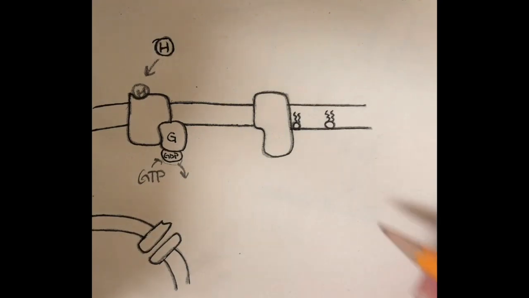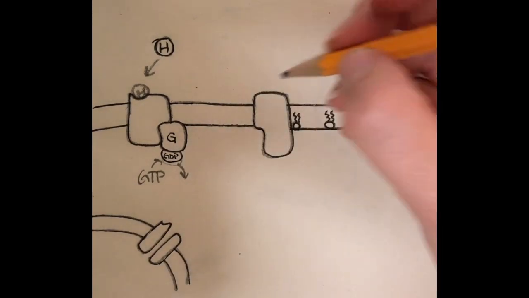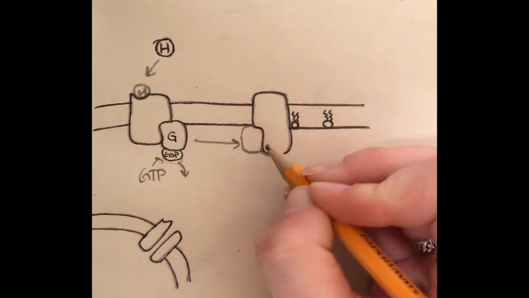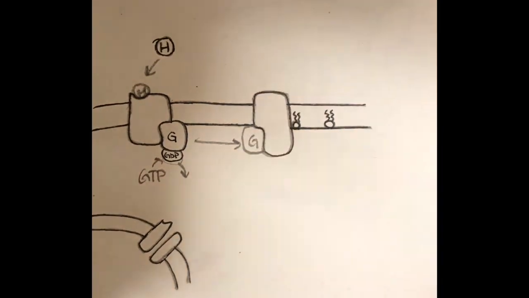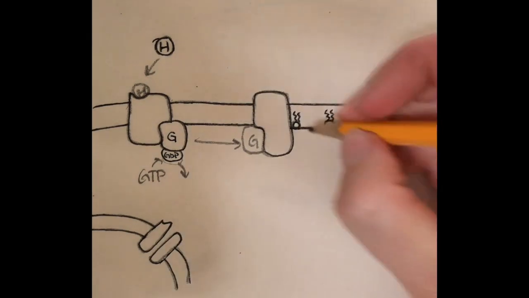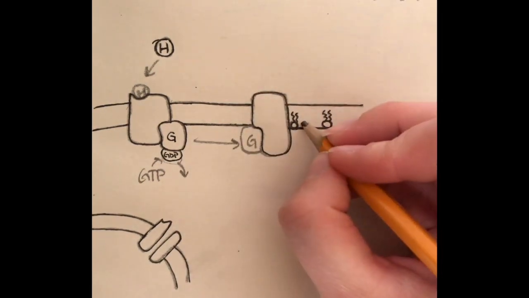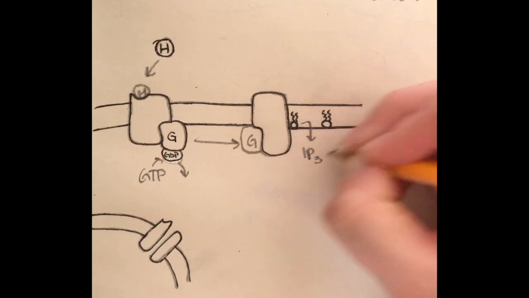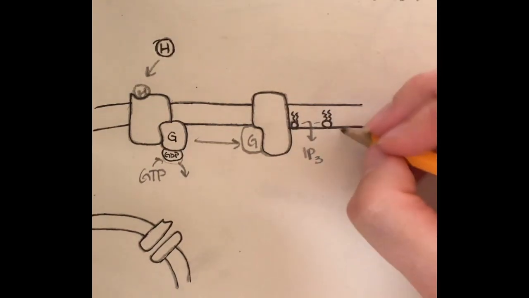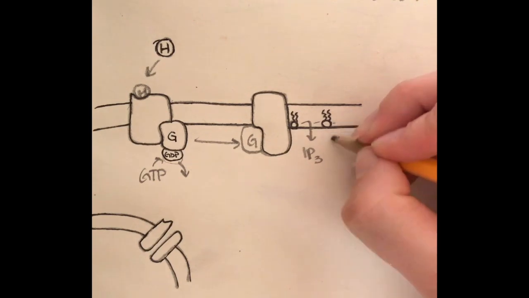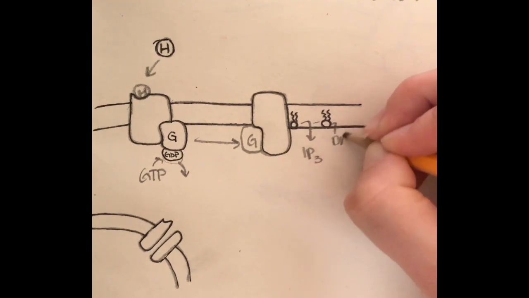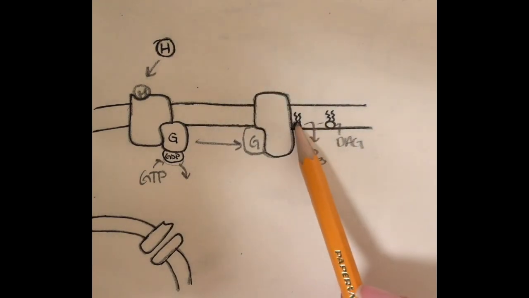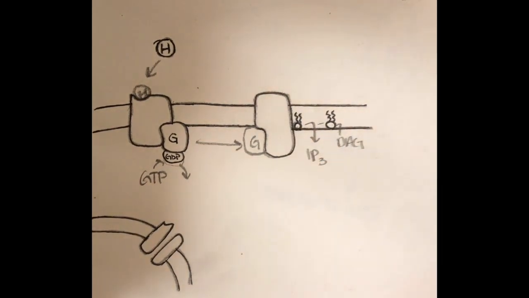The G protein then binds to the effector phospholipase C. This will cause the production of IP3 and DAG. And these are produced from PIP, which is a phospholipid in the membrane.